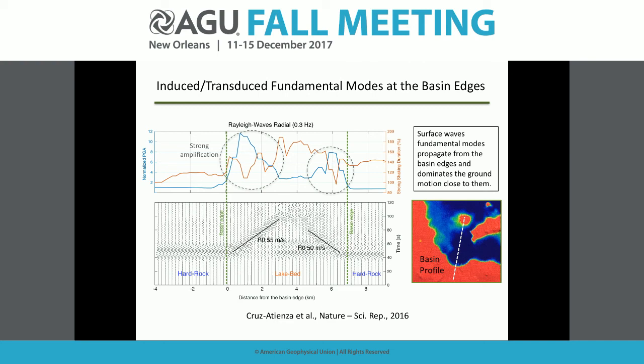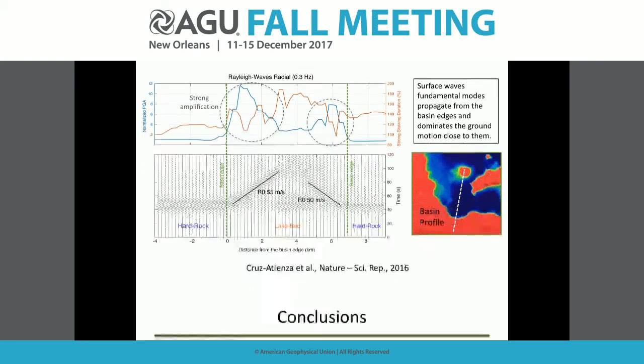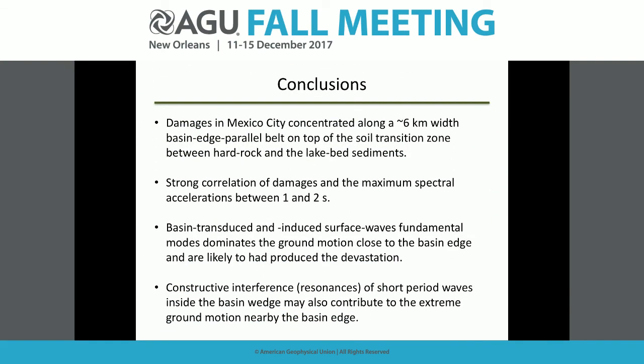We have compared this with the theoretical dispersion curves from the model we used, and they clearly dominate the fundamental mode, the motion close to the basin, within the 5 kilometers where we found the damage. As a reference, this is the PGA compared with the hard rock site. We have an amplification of about 15. That's the mechanism we believe produced the damage in that specific region for that earthquake.